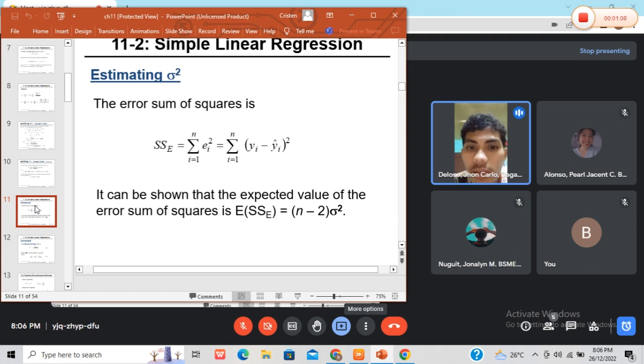It can also be shown that the expected value of the error sum of squares, E of SS sub E, is equal to n minus 2 multiplied by our variance.